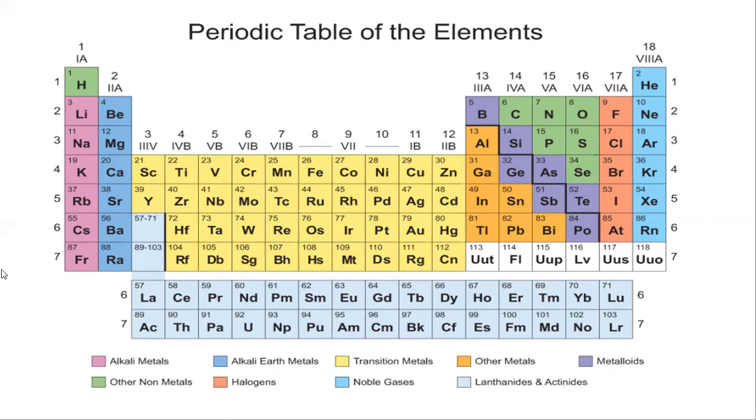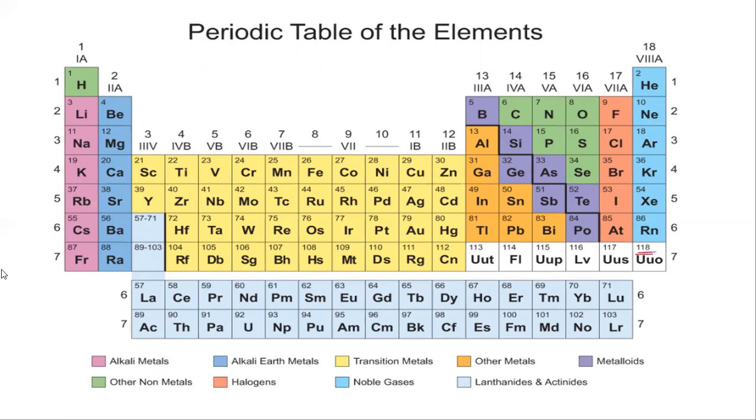Atomic numbers are serially indicated in the upper part of each box, you can see numbers 1, 2, 3, 4. Each box corresponds to the place of one element, so each element has its own place. A total of 118 elements are there.